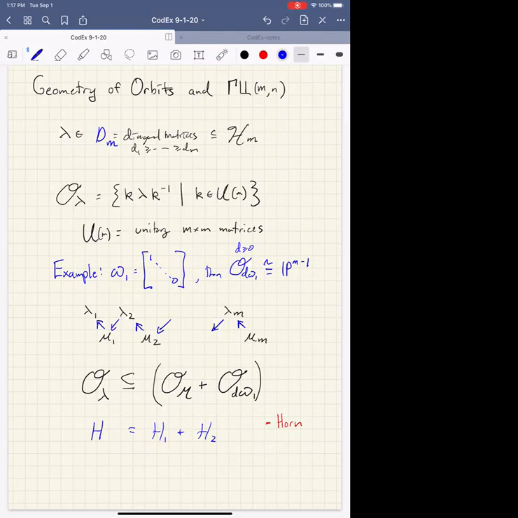So if mu interlaces lambda, like in the bottom of this slide, what it means is that, for some d that you can compute, the set that you get when you pointwise add the orbit through mu and the orbit through this projective space I mentioned earlier will contain the orbit through the top row, through lambda.